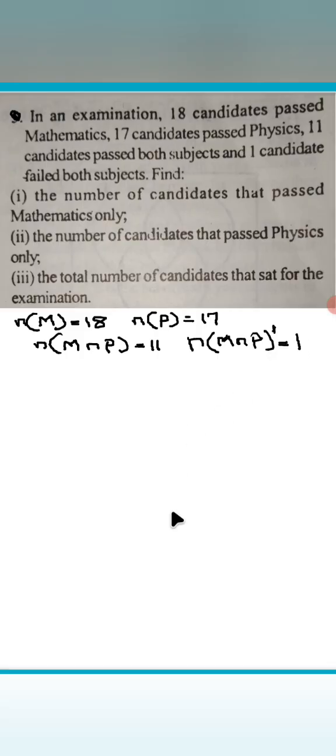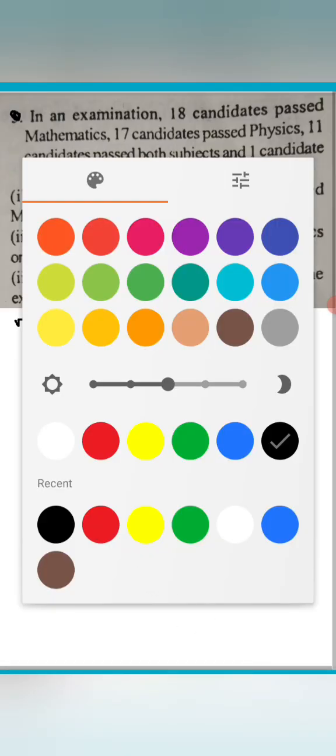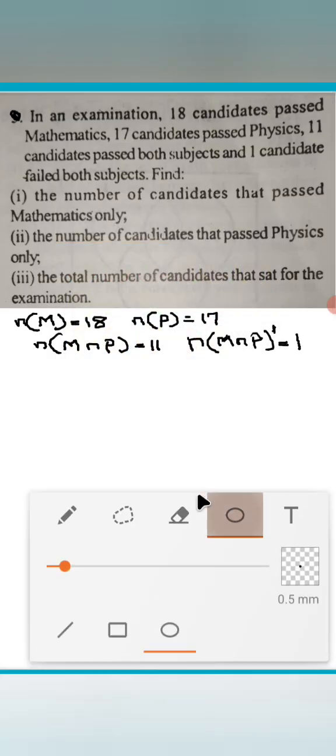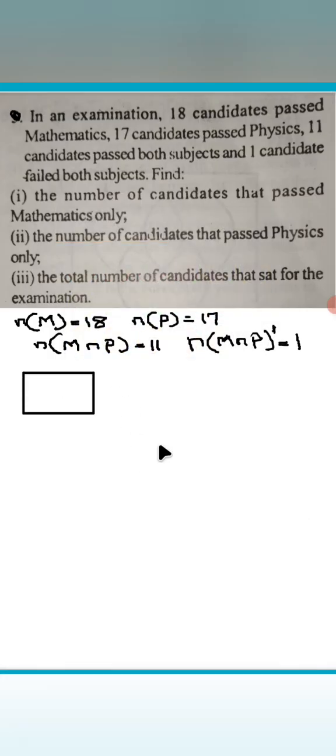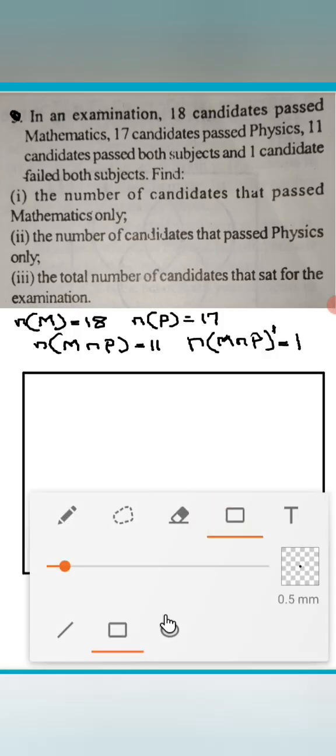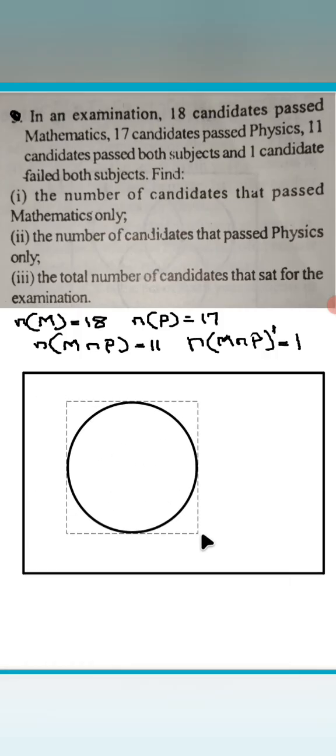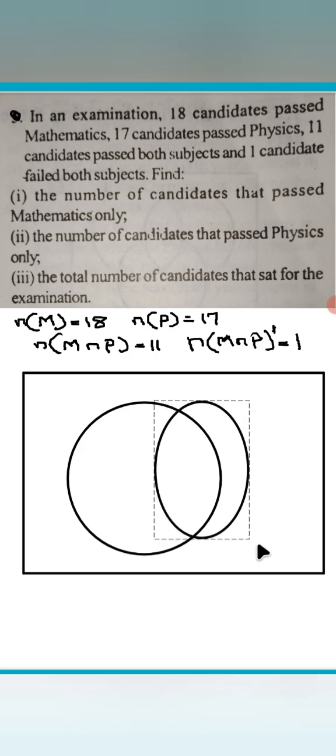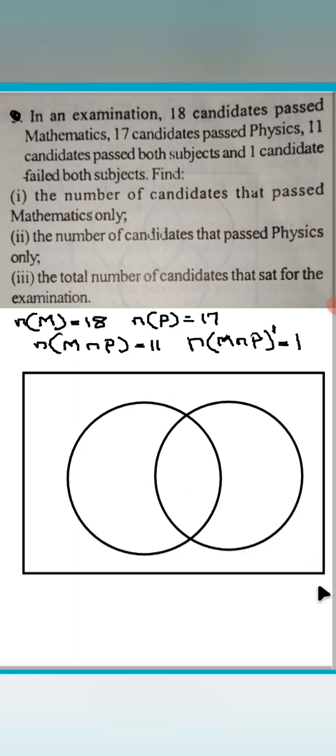So now we're going to draw the Venn diagram for this problem first. I have this here: the first circle, then the second circle.